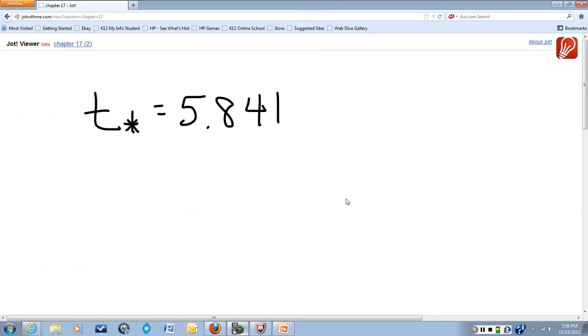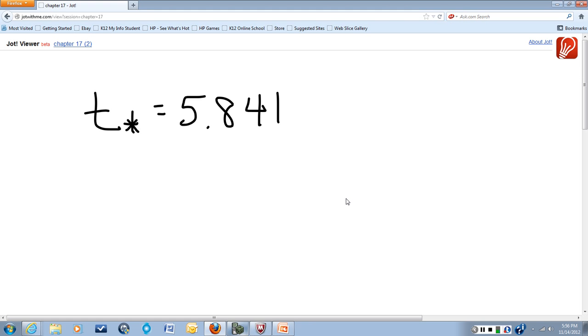So our critical value, our T star, is 5.841.